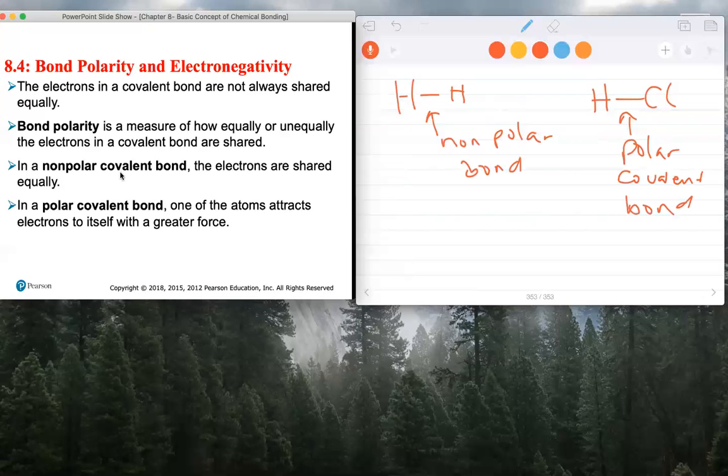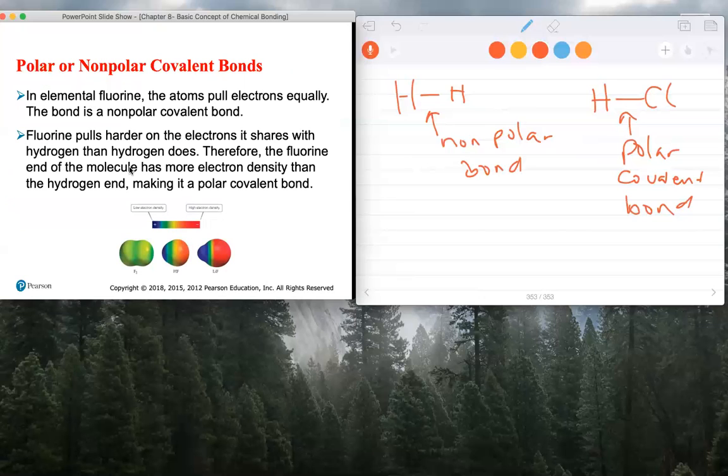Why do we say unequal sharing? It's because of the property of elements on the periodic table we call electronegativity. Unequal sharing leads to what we call bond polarity: polar when there is unequal sharing, non-polar when there is equal sharing.